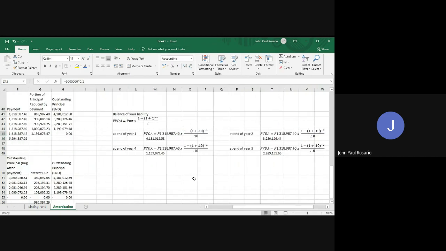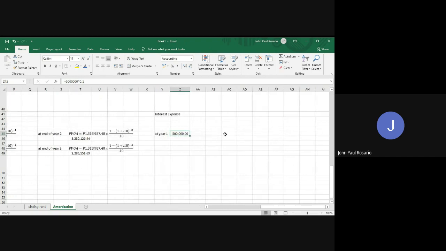While on your year two, for example, let's at year two. So for year two naman, ang imuhang basis would be the balance at the end of year one. That's your basis for your interest expense.